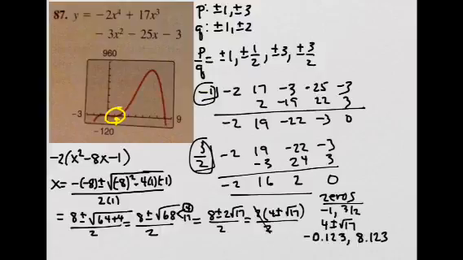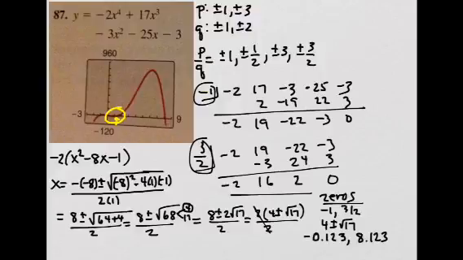So I input 4 plus or minus radical 17 on the calculator. So I did 4 minus radical 17, and I got -0.123, and it goes on forever, but I just rounded it to 3 decimal places. And I did the same thing with 4 plus radical 17, and that gave me 8.123.